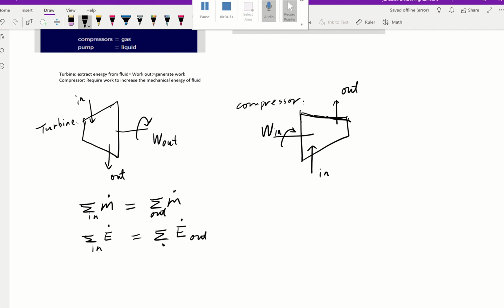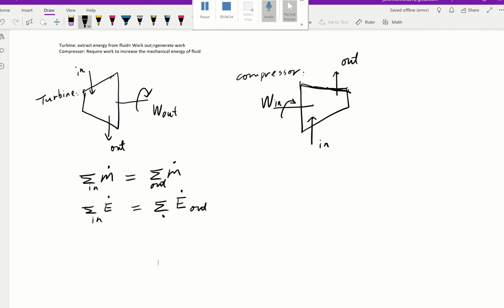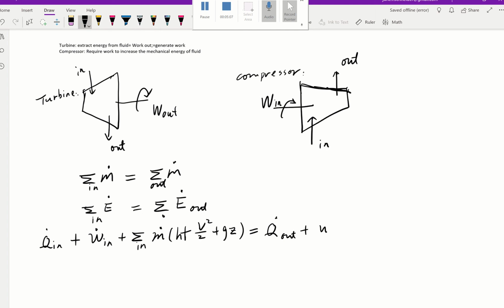We expand this energy equation: we have Q in plus work in, plus the summation over all the inlets, if there are multiple inlets, of mass flow rate times (h plus half V squared plus gz). That equals the right side, which is a mirror image, except everything is changed to out.